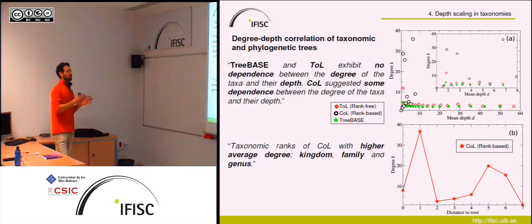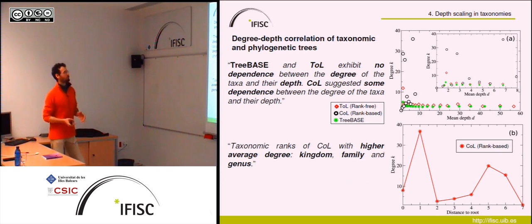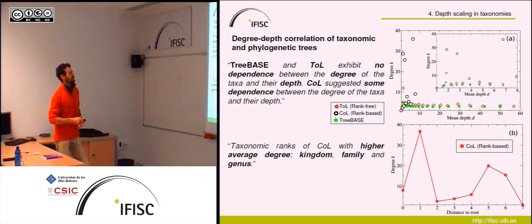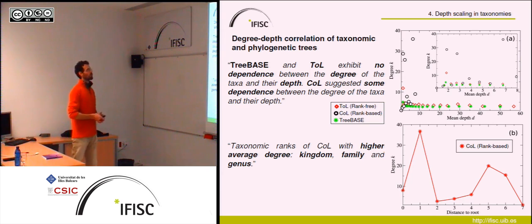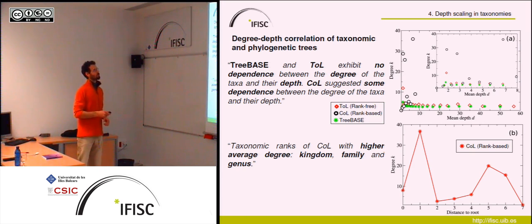After having analyzed the degree distribution, we wanted to analyze the correlation of the degree with the depth of the evolutionary trees. What we obtained was that for TreeBase and the rank-free taxonomic criterion, we didn't find any dependence of the degree with the mean depth. What we observed was that for the rank-based taxonomic criterion, there was some dependence with the depth.